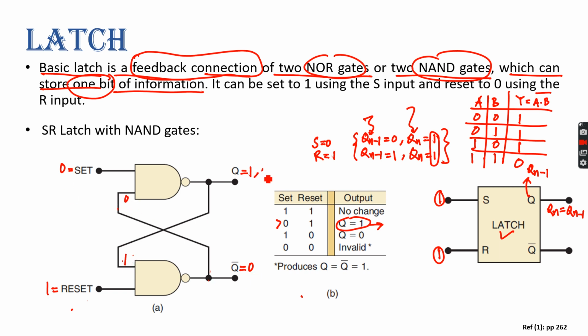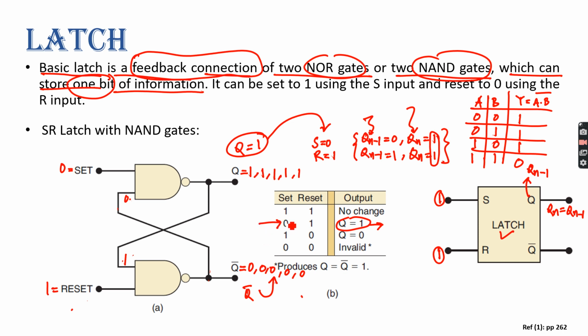So 0 0 again gives you 1, and 1 1 gives you 0. So this 0 will go there. So 0 0 again gives you 1, and 1 1 gives you 0. In a similar way you will always get 1 here, and you will always get 0 here. So q always settles to 1 for this condition, and q bar always settles to 0. That's what it says.